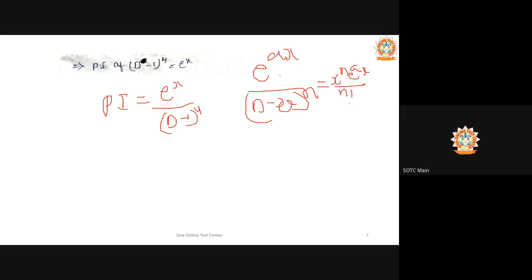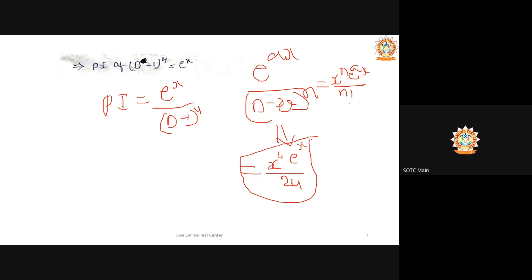If you apply the normal formula, n is 4, so it will become x power 4 e power x divided by n factorial. What is 4 factorial? 4 into 3 into 2 into 1. It is 24, right? So this is your particular integral now.